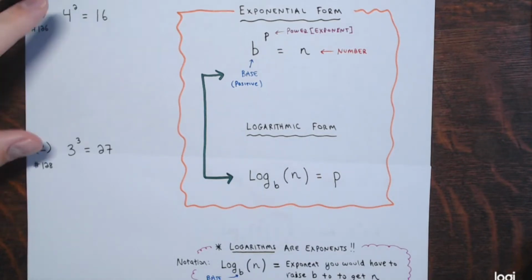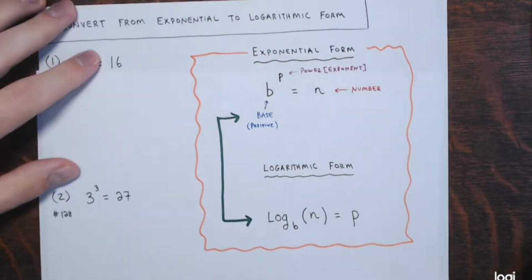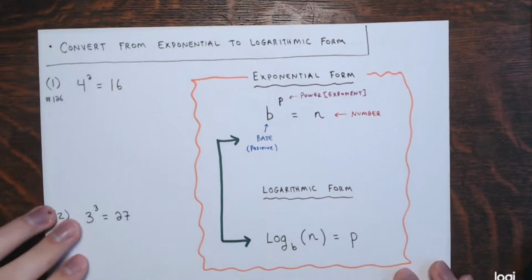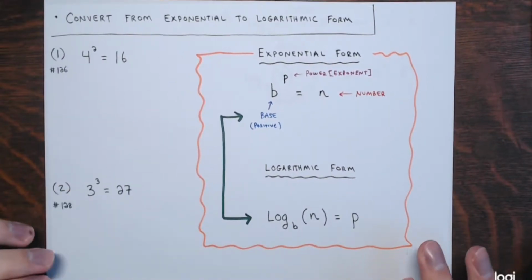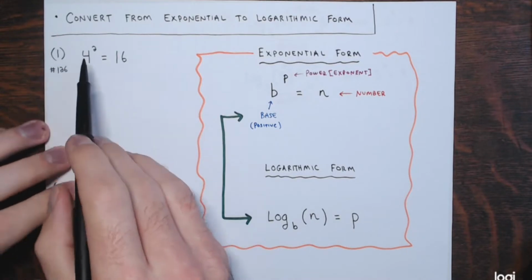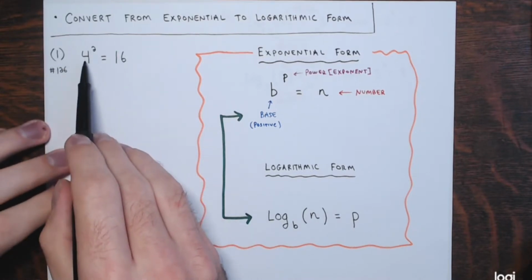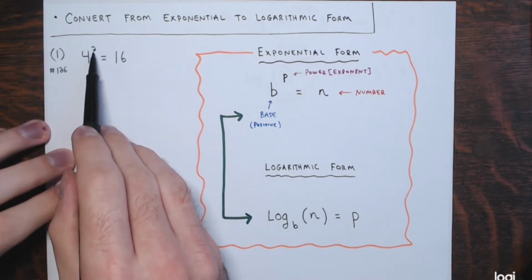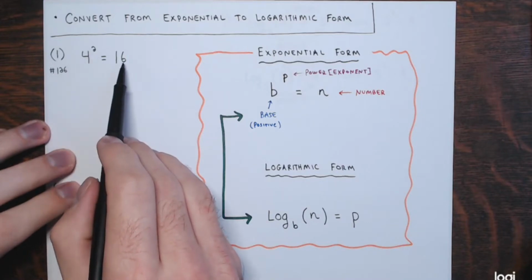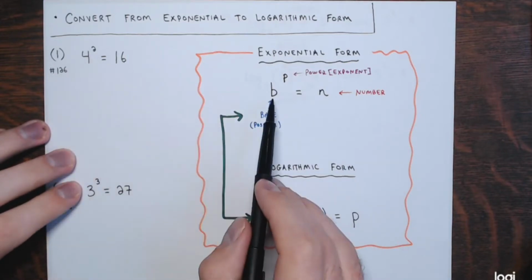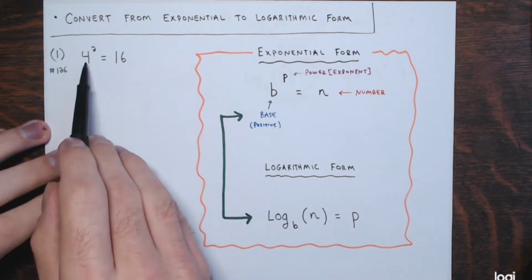Alright, so a pretty swift example to start with. Number 1, exercise 126 from the text. This is in exponential form. We have 4 to the second power equals 16. So the base is 4.